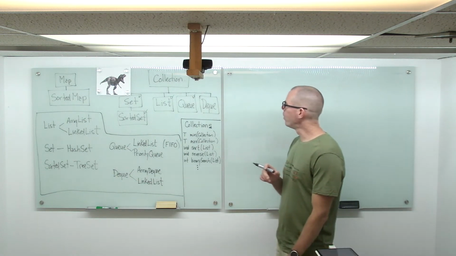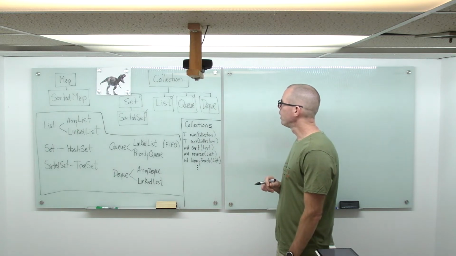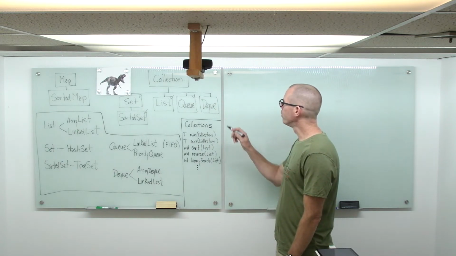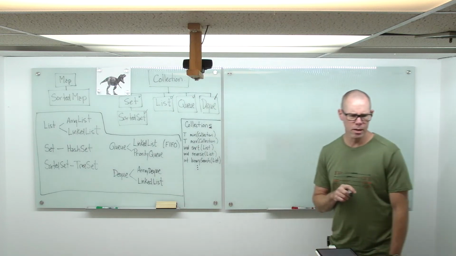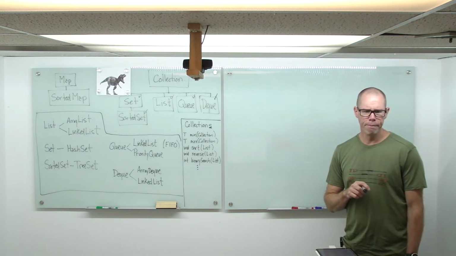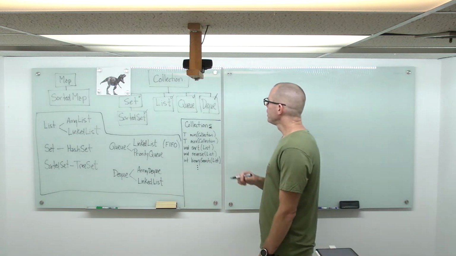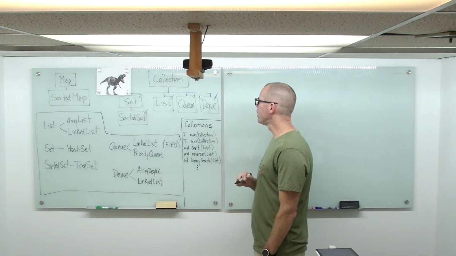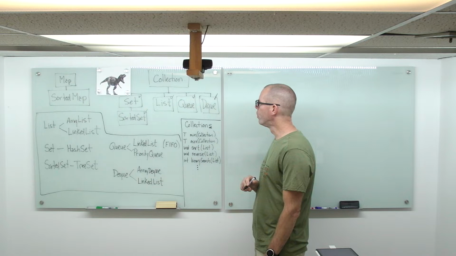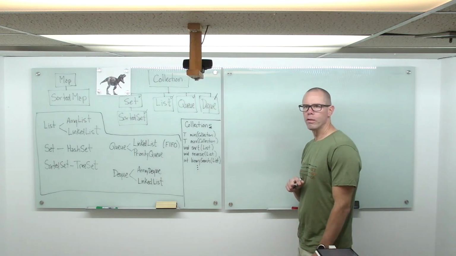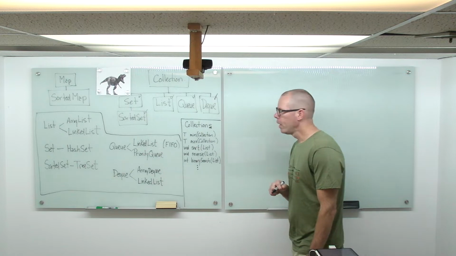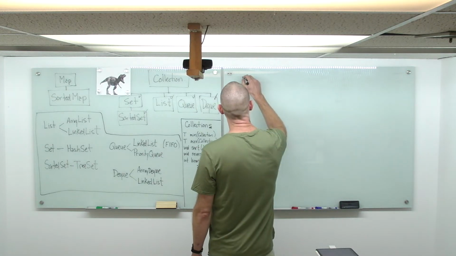But for now, let's just finish the last couple of things in the interface hierarchy. So there's the deck, and the deck is, it's kind of funny that they decided to include this as its own thing. A deck is kind of a restricted form of a list, and what do decks support?